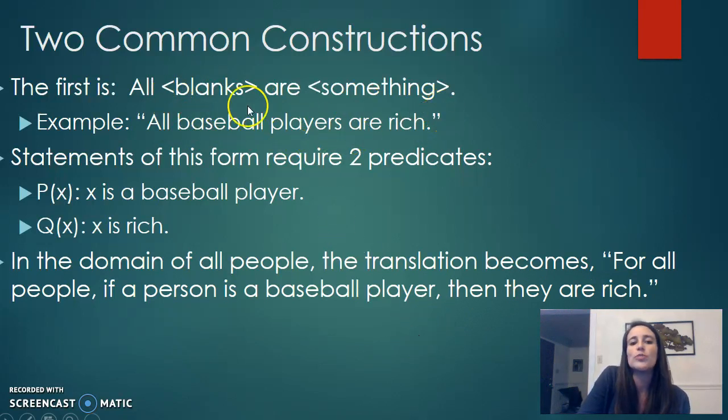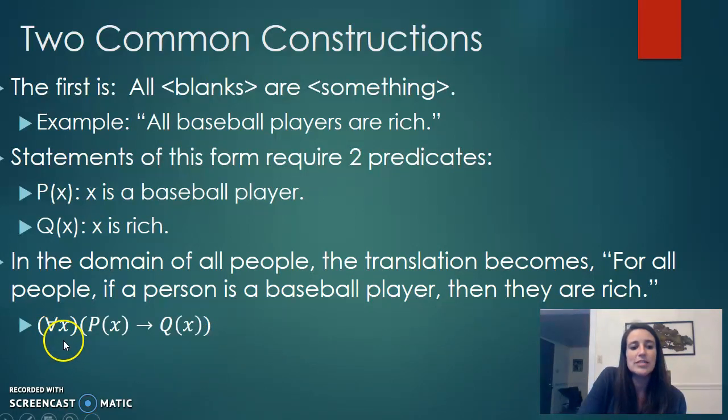Because we're not saying all humans are baseball players or all humans are rich. We're saying if someone is a baseball player, then they are rich. And so in symbols, that would look like for all x, P of x implies Q of x.